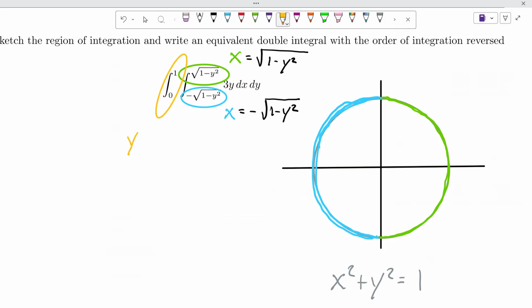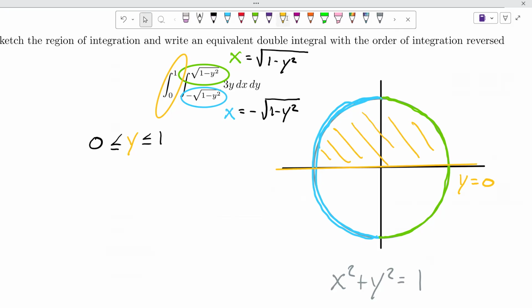Cool. Looking at the y limits, it's between 0 and 1. So my region of integration, all told, if I just draw in the line y equals 1, should be the top half of this circle.